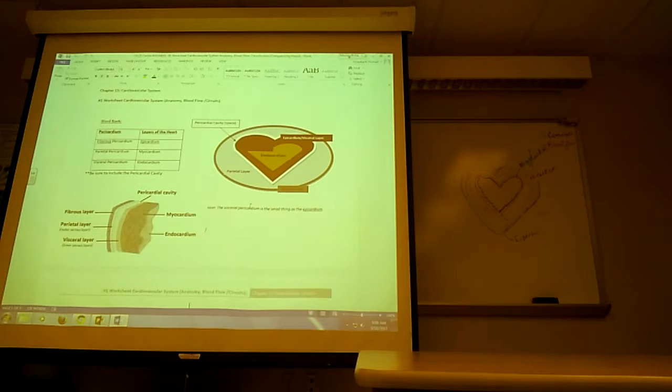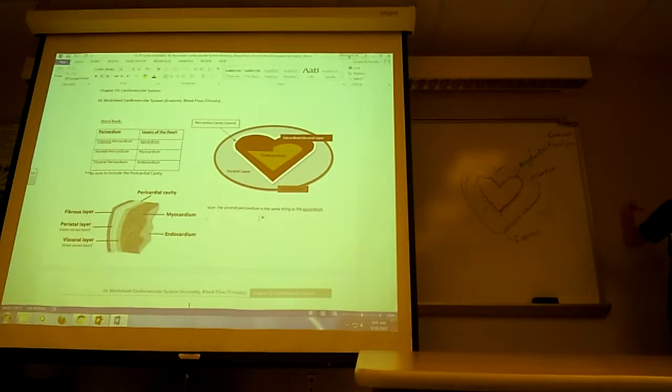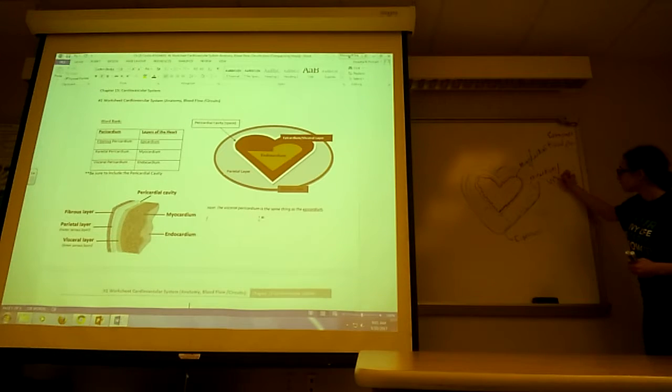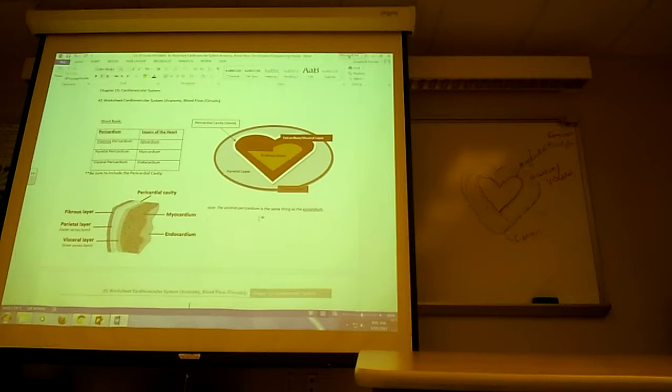Another thing too is that the visceral pericardium is the epicardium. So if you get a question asking for the visceral pericardium or the epicardium, it's the same thing. So this is epicardium slash visceral. Okay. Does that make sense?